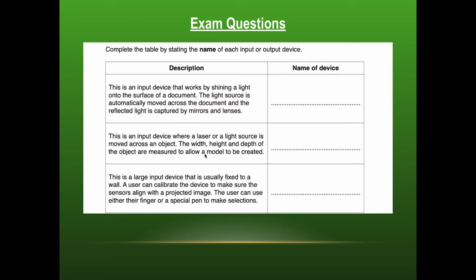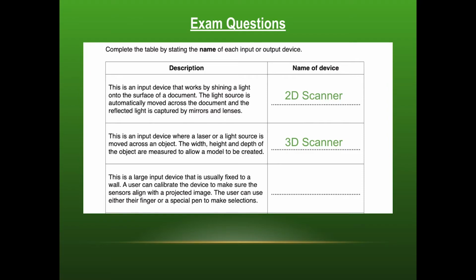So one of them is using width, height, and depth to create a 3D model, and the other a document. So the first answer is 2D scanner because that deals with the document and not the object. Whereas the second one is the 3D scanner because it's dealing with an object and a model.